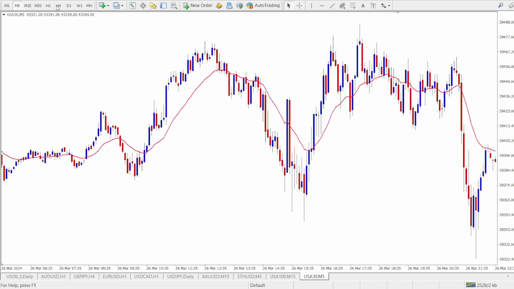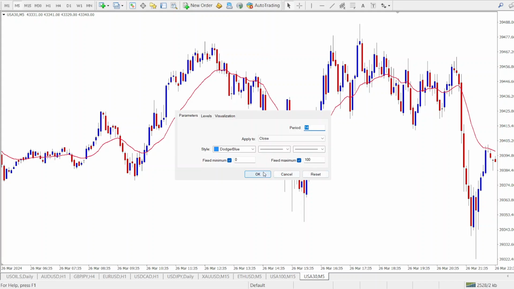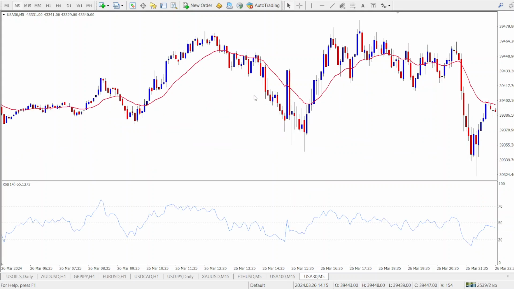Now, let's talk about the RSI as well, the relative strength index. It's another indicator that I like to use. When the RSI hits overbought or oversold levels, that is over 70 or under 30, over 70 is for the overbought, under 30 is for the oversold, it signals that a reversal could be near.